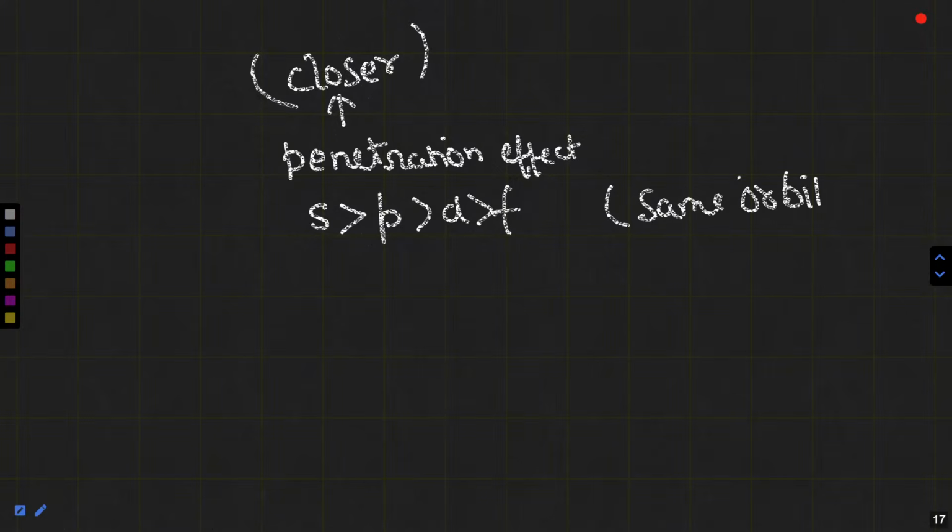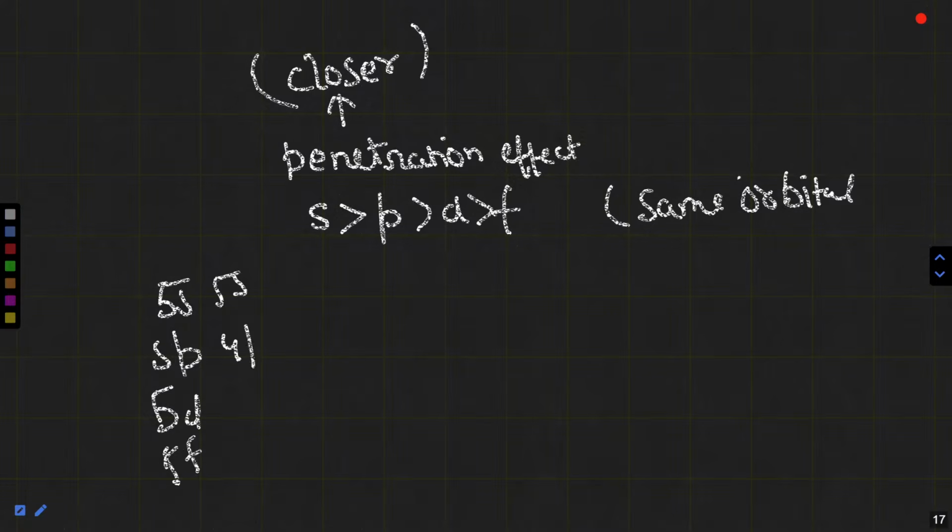If I am taking 5S, then you have to take 5P, 5D and 5F also. If you take 5S and 4P, it will be wrong. So this is always for the same orbit. Is this point clear? The first is the penetration effect, meaning the S orbital is present at a closer distance.